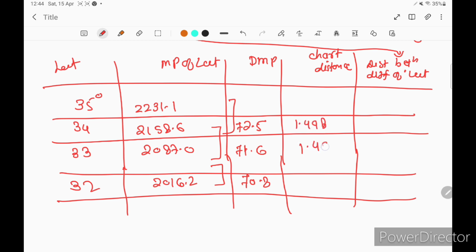Multiplying each by 1.498, we get 108.605 mm, 107.257 mm, and 106.058 mm.